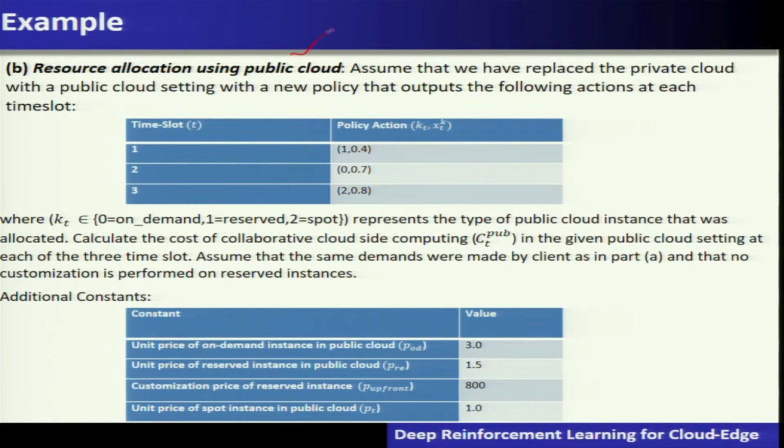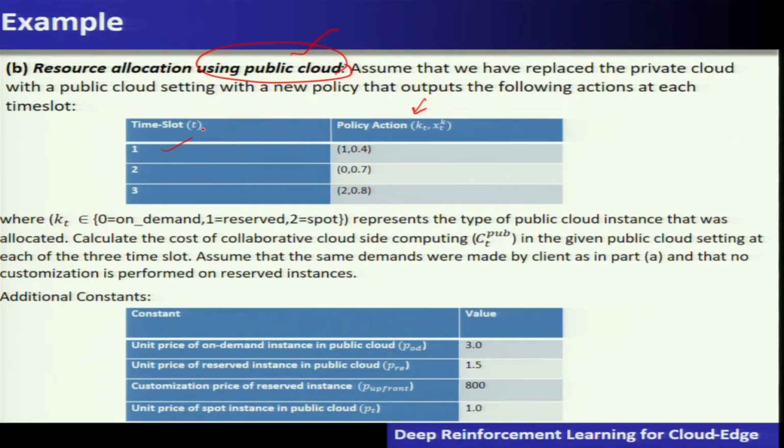Similarly, if you consider the public cloud, then we assume that we have replaced this private cloud with the public cloud setting and a new policy that outputs the following action. Now when you say a public cloud, then the demand will be parameterized. Let us see the parameterized policy action.